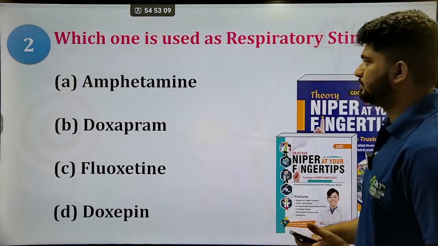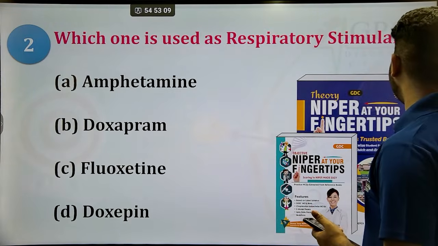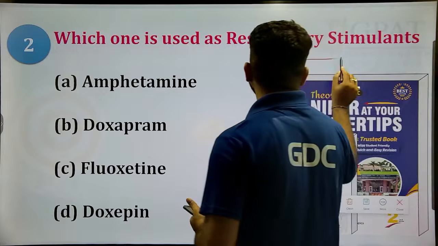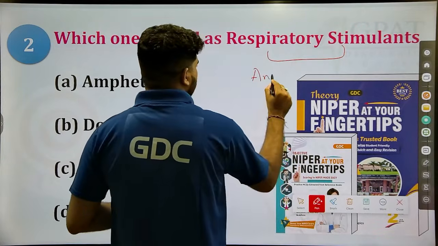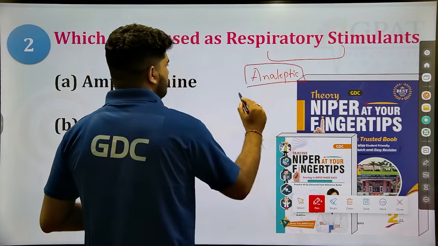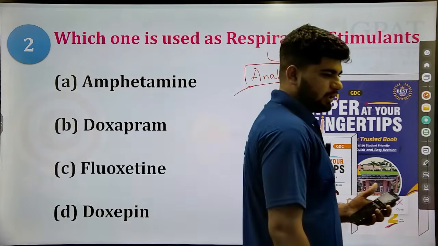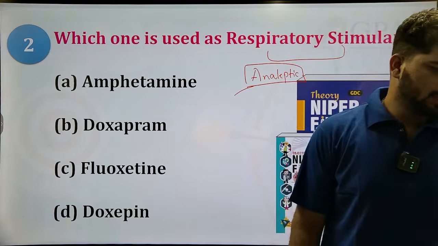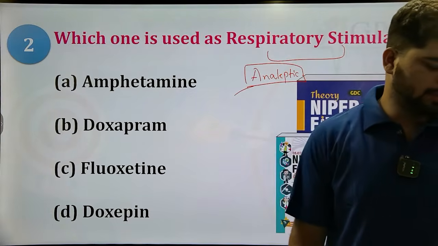Right? So now which one is used as the respiratory stimulant? This respiratory stimulant is also known as your analeptic. Remember that. Is it amphetamine, doxapram, fluoxetine, or doxepin?